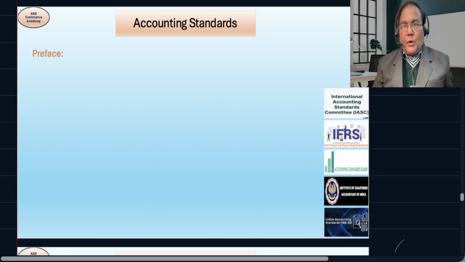I'm going to touch upon the aspects which are listed here: international accounting standard, then secondly, international financial reporting standards, accounting standards board, then Institute of Chartered Accountants of India, and Indian Accounting Standards Ind-AS.